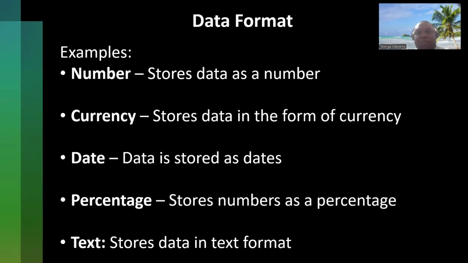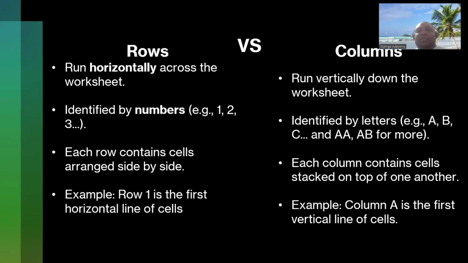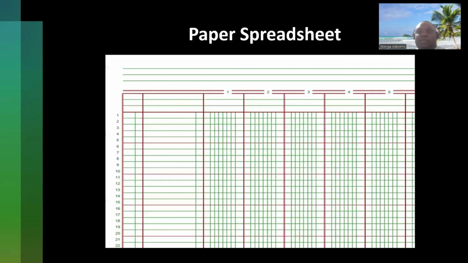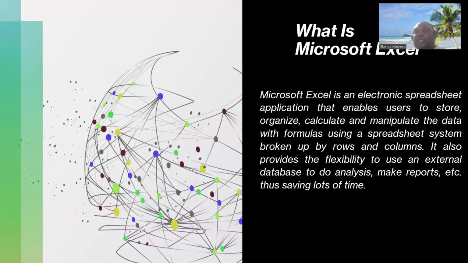I have shown you examples of the different data formats and data types in Excel. I've shown you the difference between rows and columns in Excel. And also I showed you with example what a ribbon is in Excel, right? I showed you an example of a paper spreadsheet, and I also broke down the definition of Microsoft Excel.